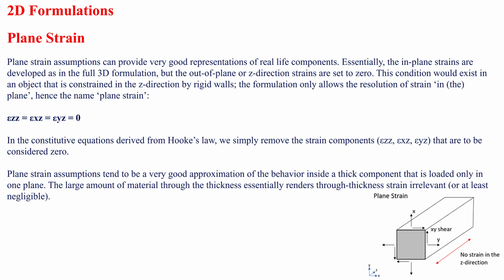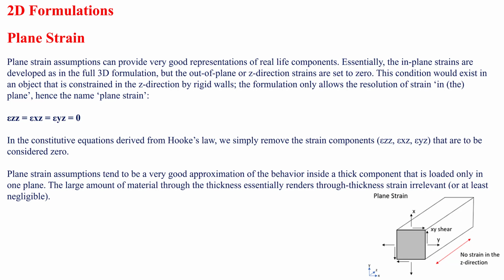This condition would exist in an object that is constrained in the z direction by rigid walls. So this formulation helps us completely avoid the shear stress and shear strain, with the plane strain values along the z direction completely 0.